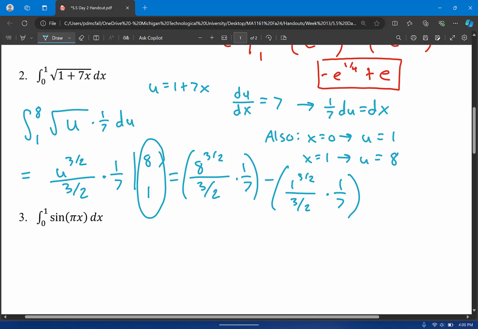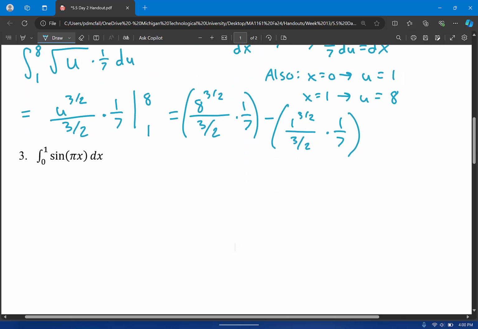No need to go back to 1 plus 7x. If you did go back to 1 plus 7x, then you have to plug in your numbers for x, that 0 and 1. So you'd be doing extra work there. So no need to put the 1 plus 7x back into your antiderivative at the end, because we already changed our numbers to be in terms of u instead of x.